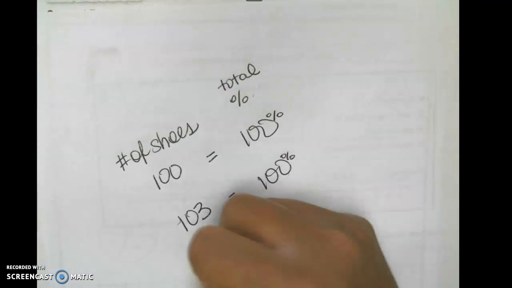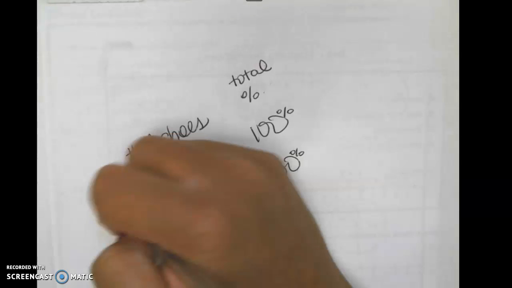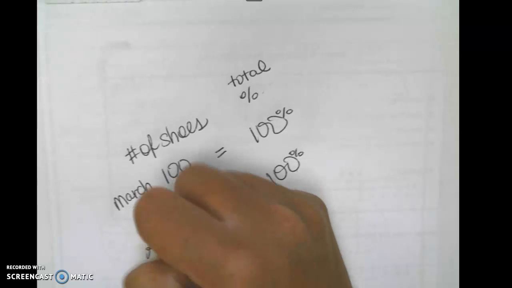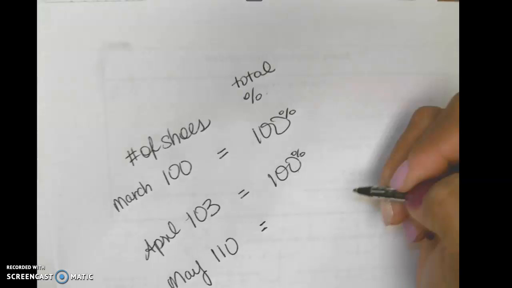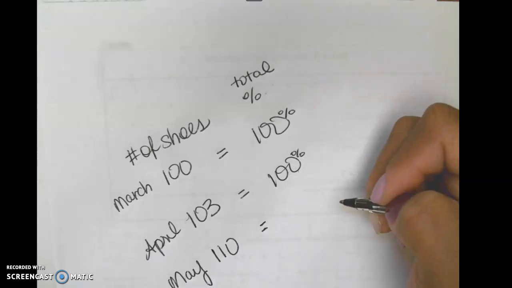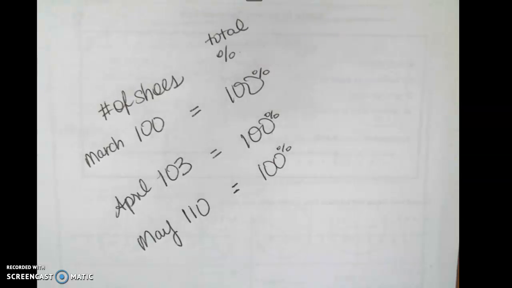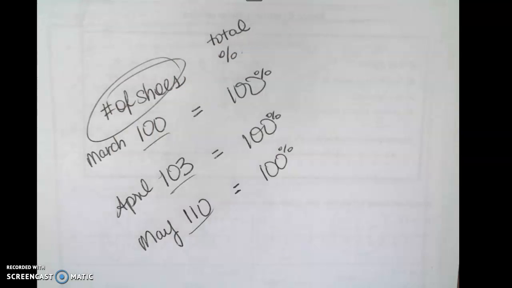What if I sold 110 pair of shoes? What percent is that? Let's say this is my monthly sales. So for March, April, and May, what's the percent of shoes that I sold in May if I sold 110? It's all of the shoes that I sold. What is changing? The quantity.